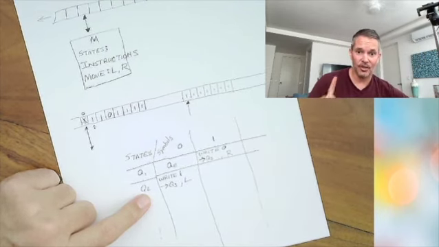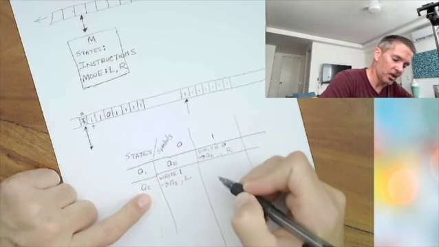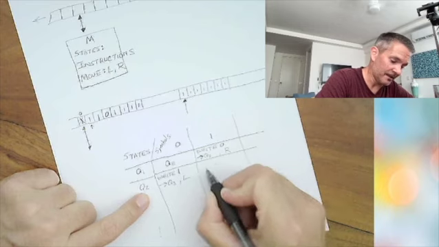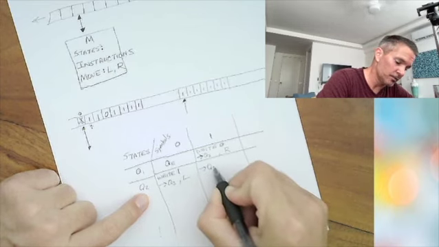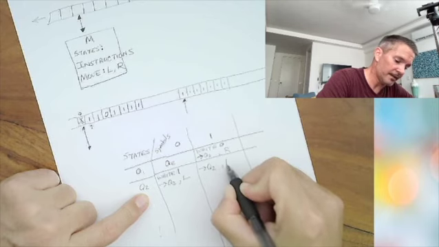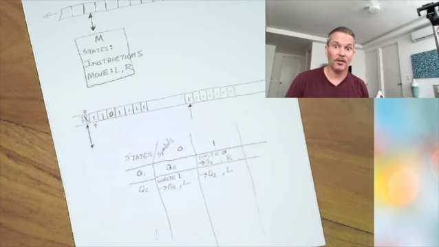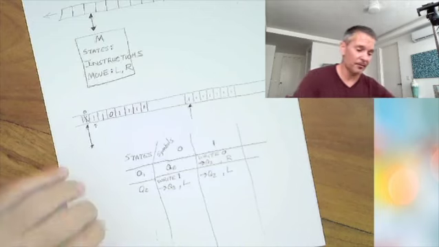Now, if I don't encounter a 0, if I encounter a 1, all I'm going to do is not write anything. I'm going to remain in state Q2, and I'm going to move to the left. So I'm going to keep moving left as long as I see 1s. Sorry, I just completely said that the wrong way.